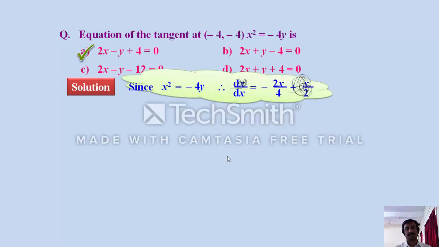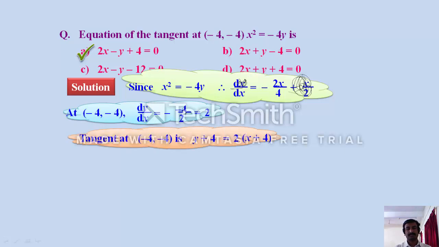See, if I differentiate, a small mistake here, it is actually dy by dx. Simply differentiating, dy by dx equal to, now look at this, the derivative of x square is 2x, but the minus 4 is taken to the right side.